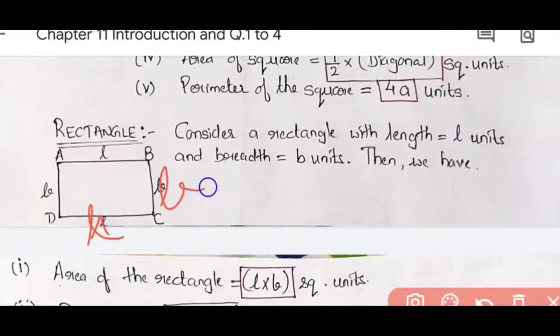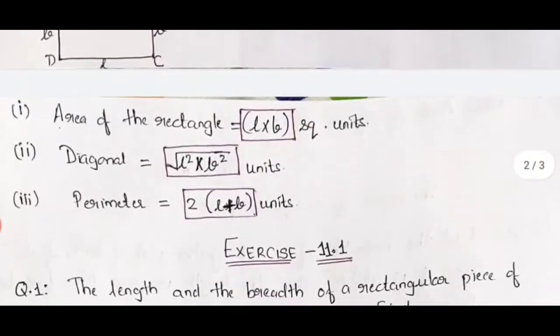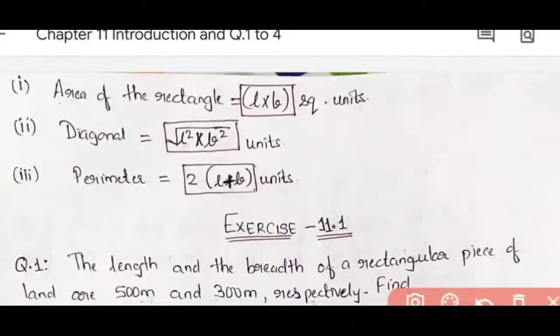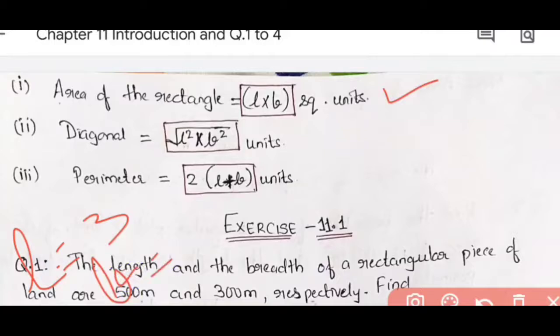So what will be the formula to find the area of the rectangle? This is the formula of the area of a rectangle. Let us say that the length is 3 centimeter and the breadth is 4 centimeter. Then find the area of the rectangle.